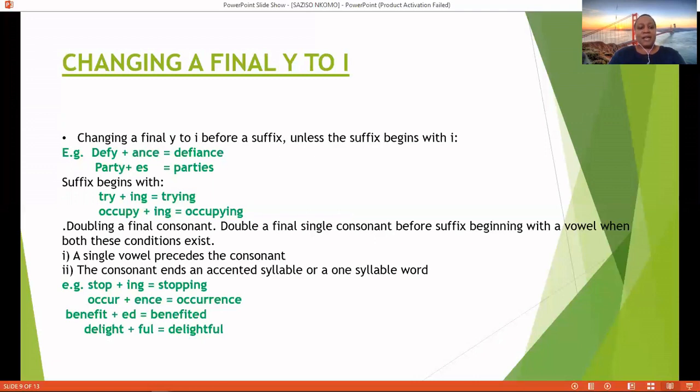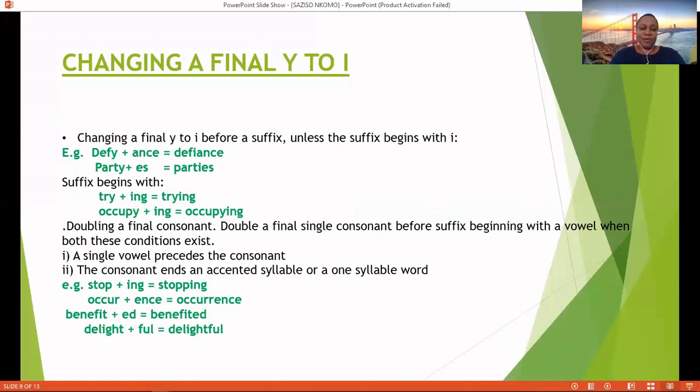Doubling a final consonant is our other method. We double a final single consonant before a suffix beginning with a vowel when both these conditions exist: a single vowel precedes the consonant, and the consonant ends an accented syllable or a one-syllable word.